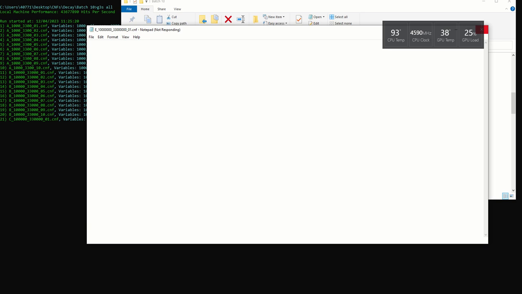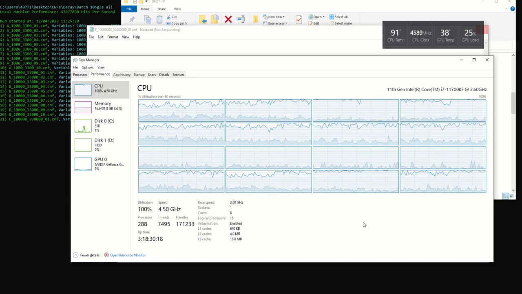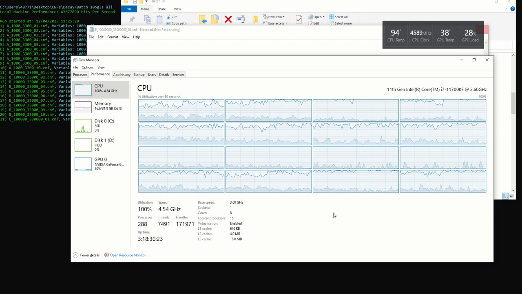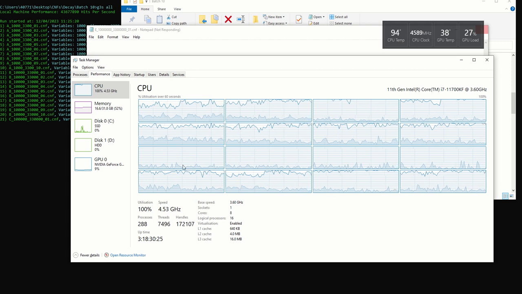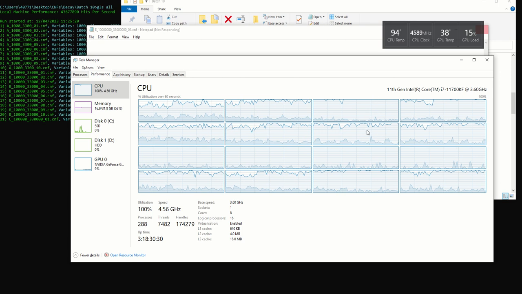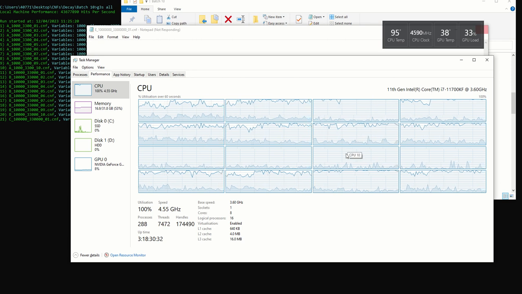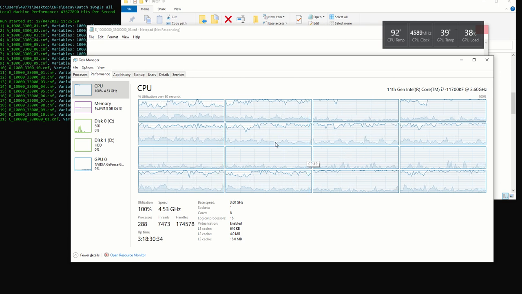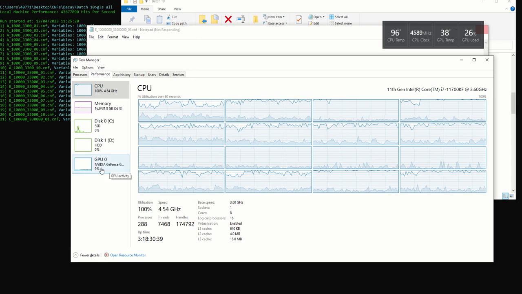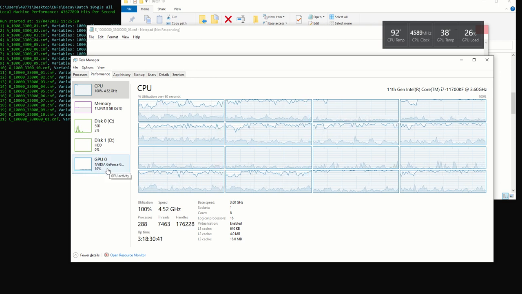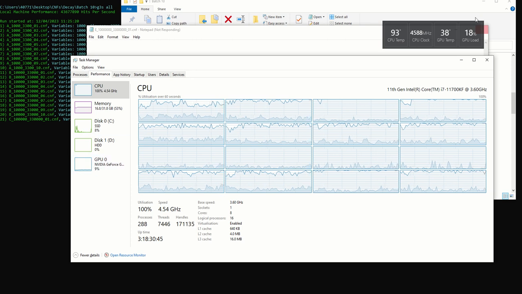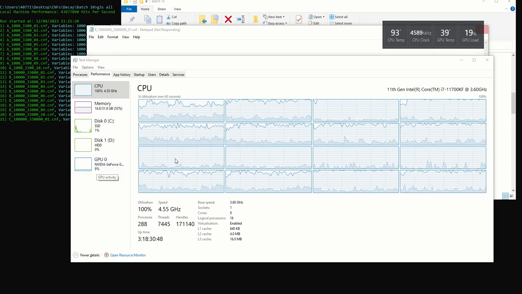Now let's see how the computer behaves. Maybe you can hear it, the fans are running wild because the temperature in the processor went up to 90-some degrees Celsius. So it's fully loaded. The GPU is not in much use, 10% here, although I'm not sure which of these readings are real.